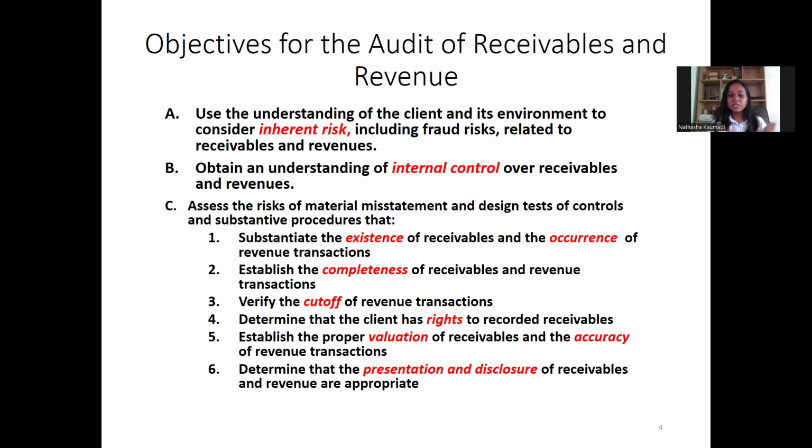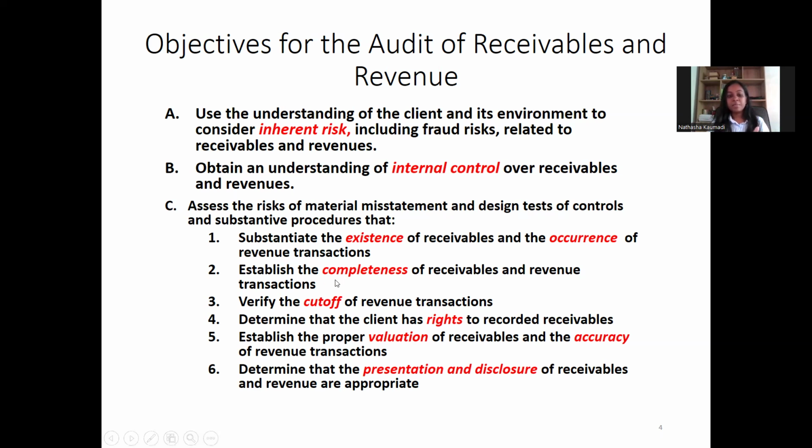Substantiate the existence of receivables, occurrence of revenue. I hope you are very clear about the assertions. When it comes to assertions, you use the assertion existence for statement of financial position items, balance sheet items. Existence of receivables. You don't say existence of revenue. You say occurrence of revenue, right? So you are checking that.